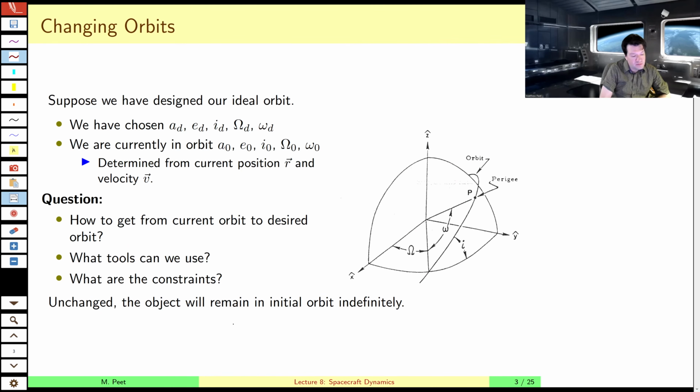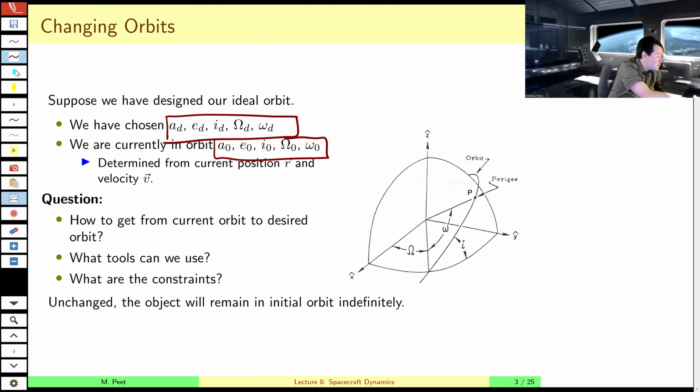Right, so let's consider a simplified case, where we've got a set of current orbital parameters and a set of desired orbital parameters. Our current ones, with a 0 here, this is where we are, say our parking orbit.